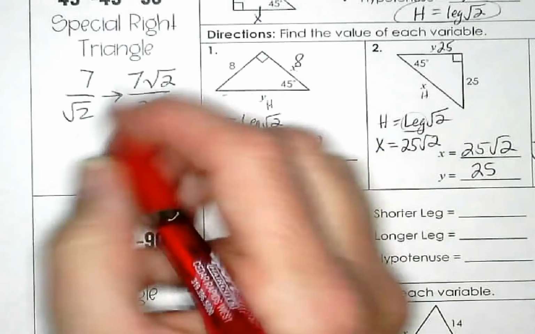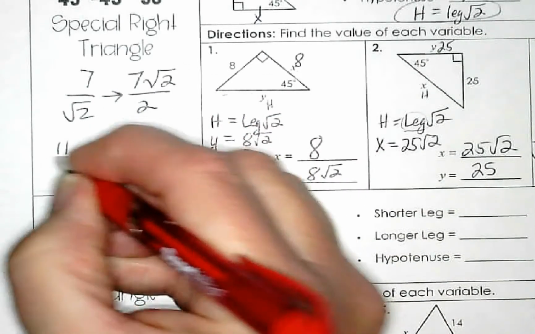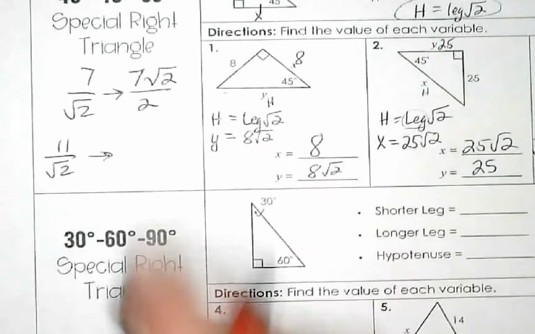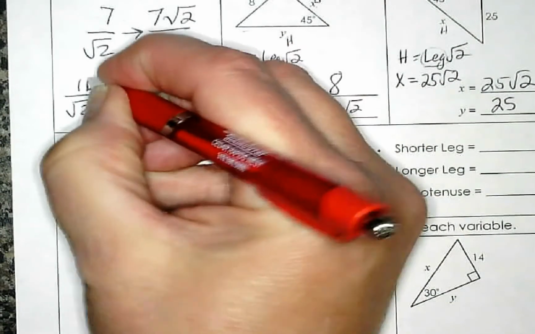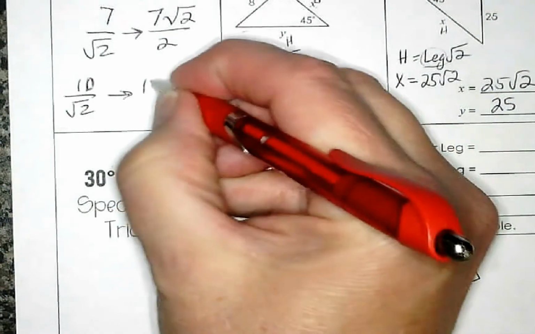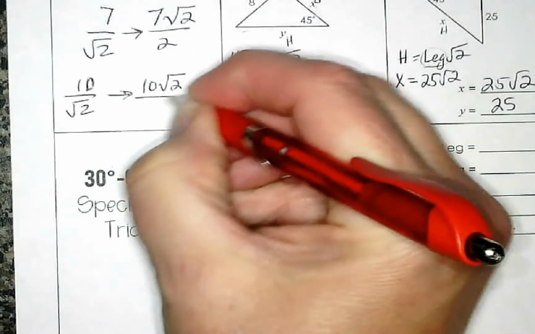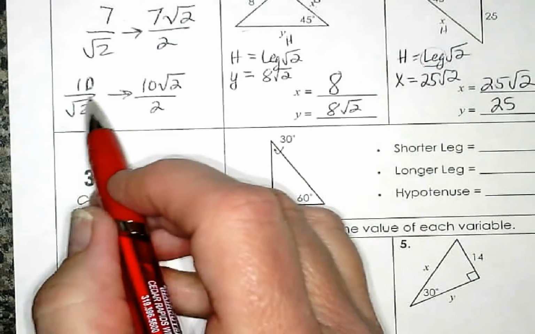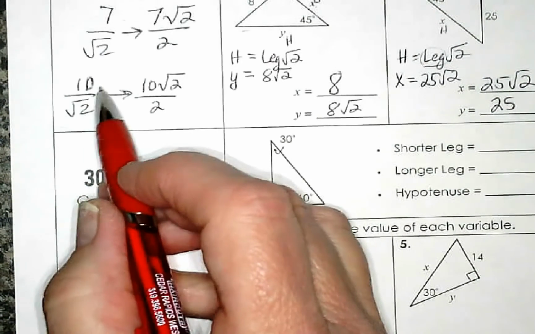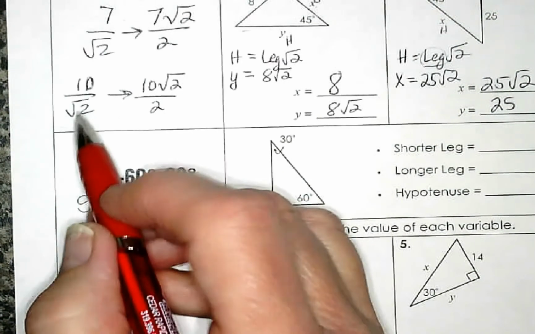I'm just going to do that every time. If I have 11 square root of 2, well, let's make that an even number. Let's do 10 square root of 2. So I'd have 10 square root of 2 over 2. We're just bringing that up. And I could do the same thing if this was square root of 3. I would just bring up a square root of 3, and I'd have 3 on the bottom.